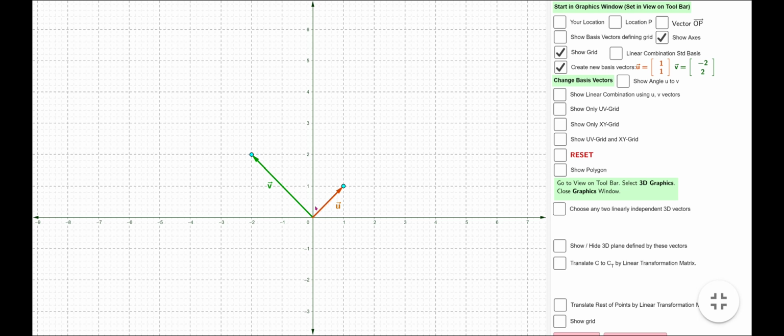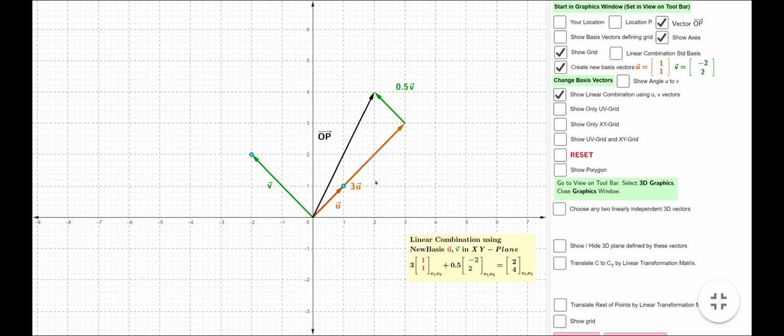To give you an example of why they span, consider this vector here. This is some vector in R2, and any vector that I choose in R2 I can express as a linear combination of these two basis vectors, the red one and the green one.